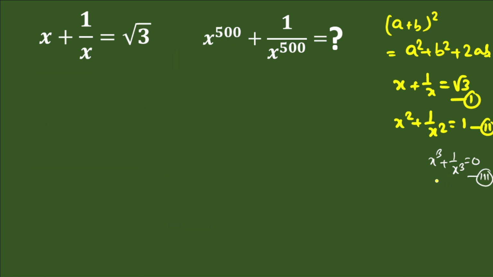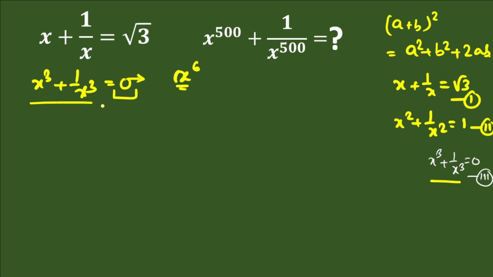In the next step we'll manipulate this equation 3. We have calculated its value as 0, and from this 0 we can calculate anything. Now we'll calculate x raised to the power 6.